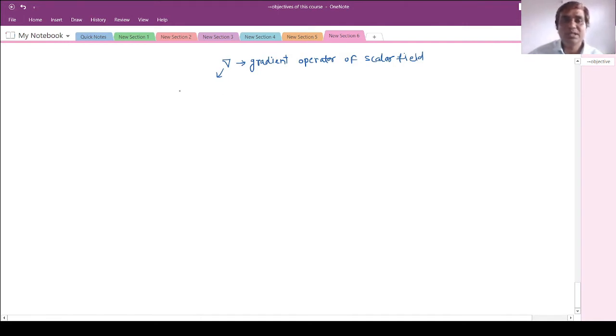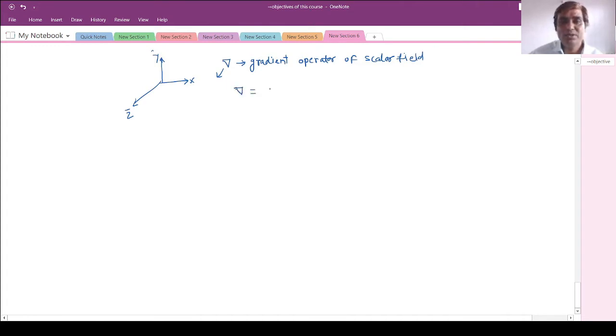So if it is 3 dimensions, let me take x, y and z, which are perpendicular to each other. All the x axis, y axis and z axis are perpendicular to each other. So let me define the gradient operator in 3 dimensions.